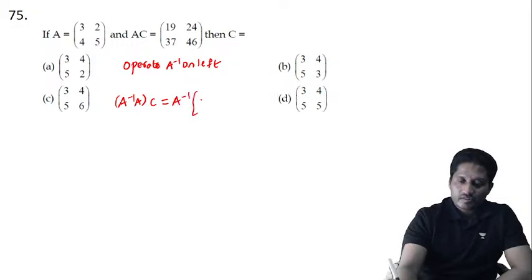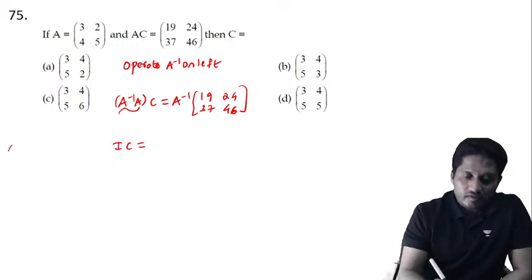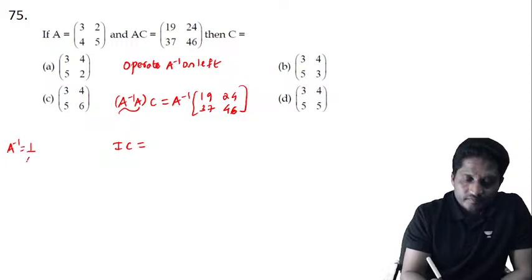A inverse into this is 19, 24, 37, 46. A inverse into A is I. I into C is equal to C. A inverse is equal to 1 by determinant A into adjoint of A. Determinant A is equal to 15 minus 8, which is equal to 7.